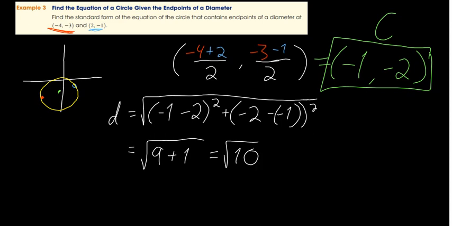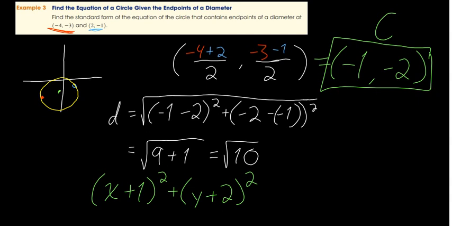Okay. So now we can polish off our formula. My formula for the circle is going to be (x, and again minus h, so it's going to be plus 1, because it's the opposite) quantity squared, plus (y plus 2) quantity squared, again because we're doing the opposite of those.